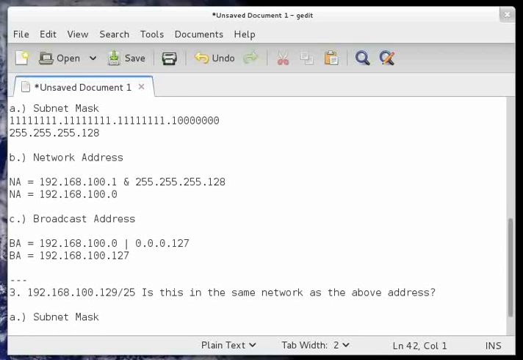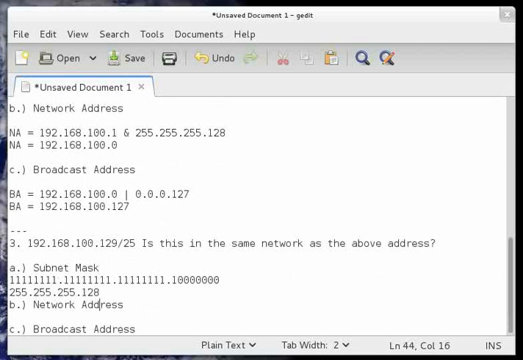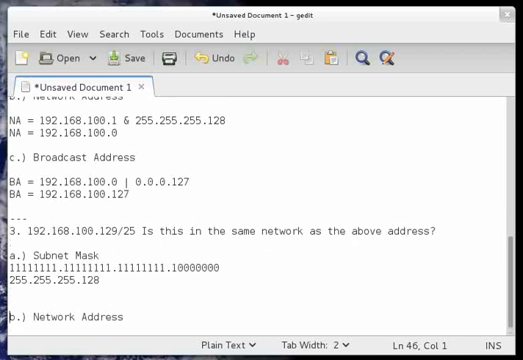First up, we compute the subnet mask again, which is the same as the one above. So we write our 25 ones, followed by 7 zeros. And we get the same subnet mask, 255.255.255.128. Then we compute the network address.